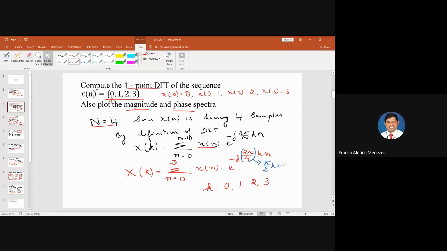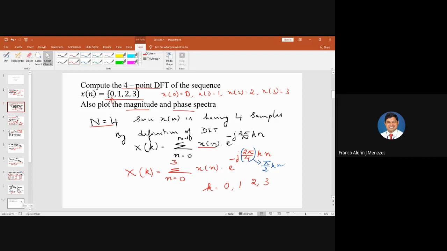This is the solution of the problem by using the definition. They have not mentioned by which method we have to obtain the DFT, so this is the basic method, using the definition, to find the DFT of the sequence.